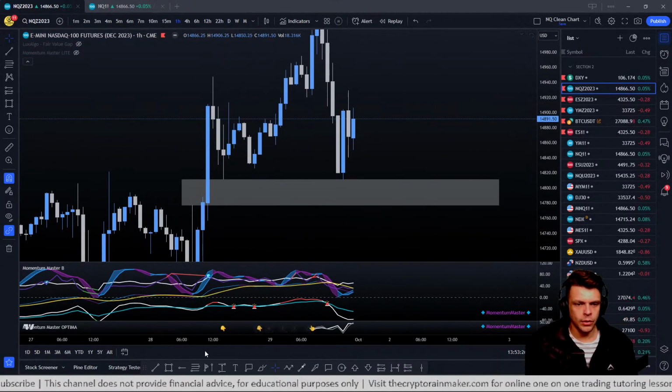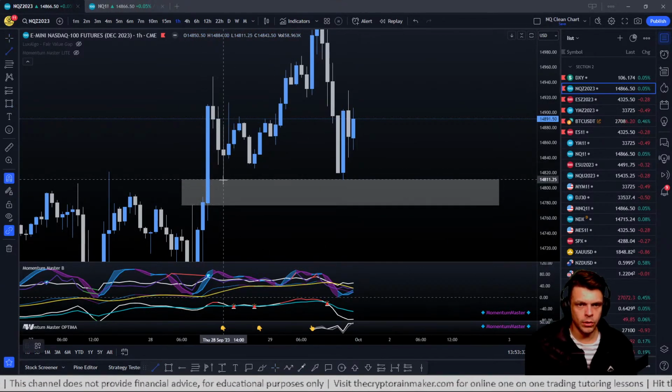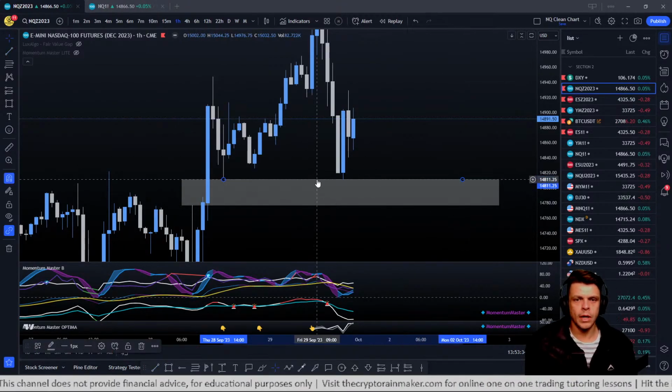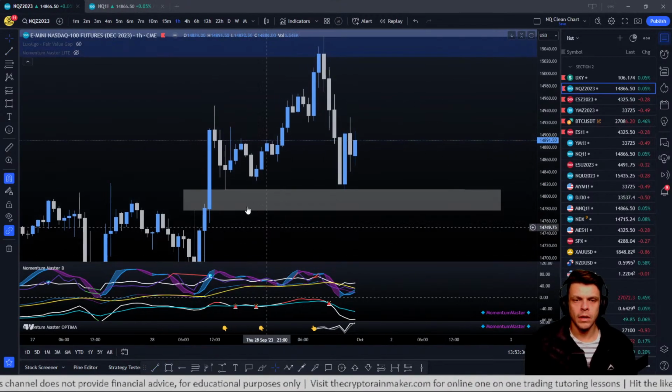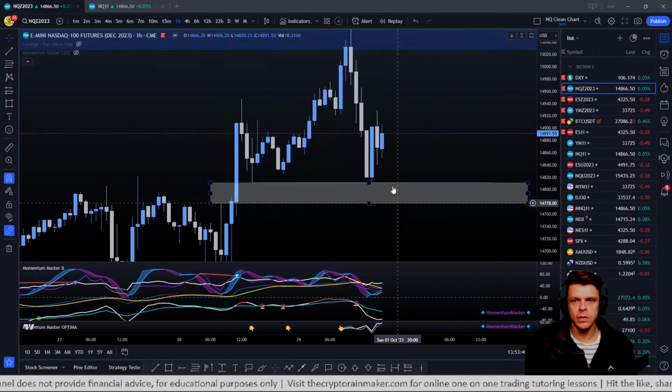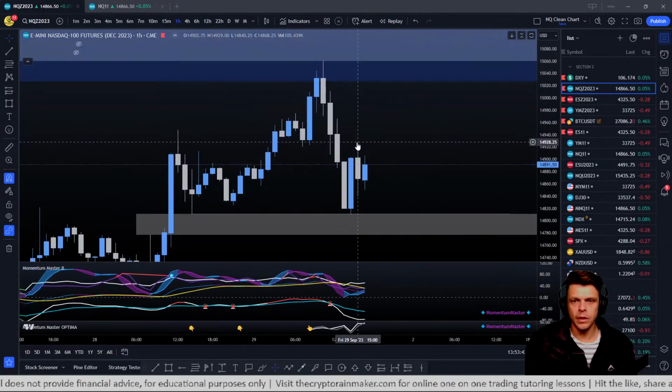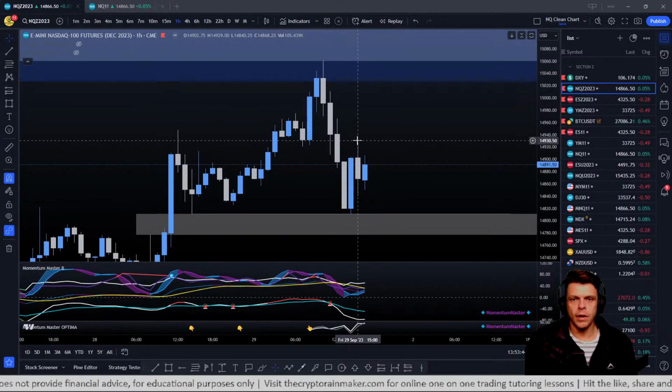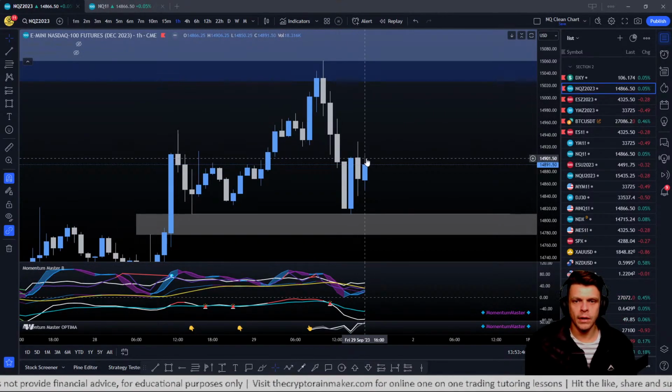There are relative equal lows and they are exactly equal. So this will trap traders, so they will see this as support and put their stop losses below these lows. And we are already printing a high right there. So we have a high on this candle, a lower high and a lower high.